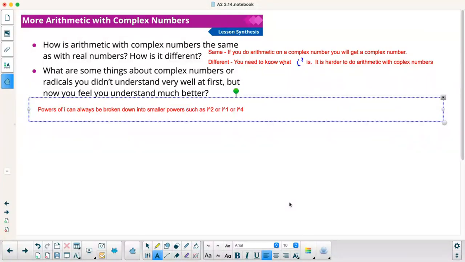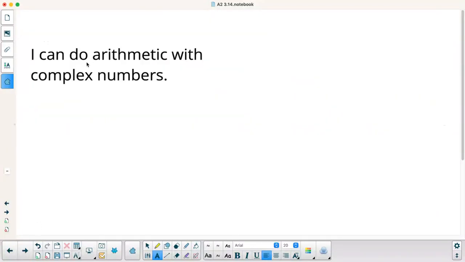Those are all very helpful. All right, last thing here. I can do arithmetic with complex numbers, pretty much addition, subtraction, multiplying, dividing, and now powers.